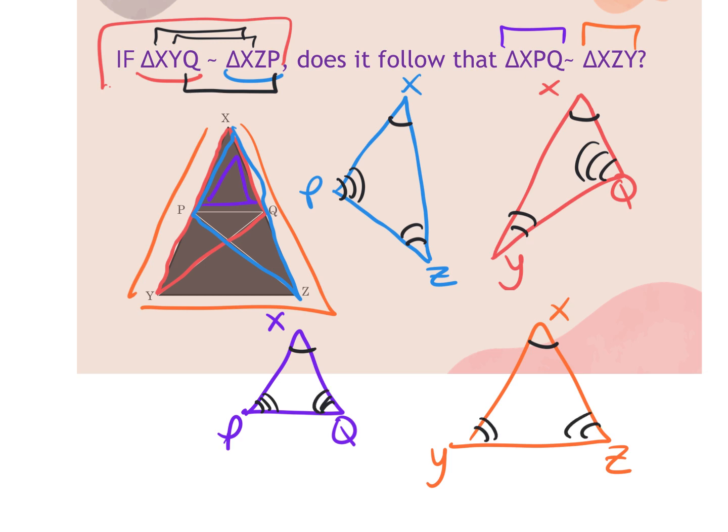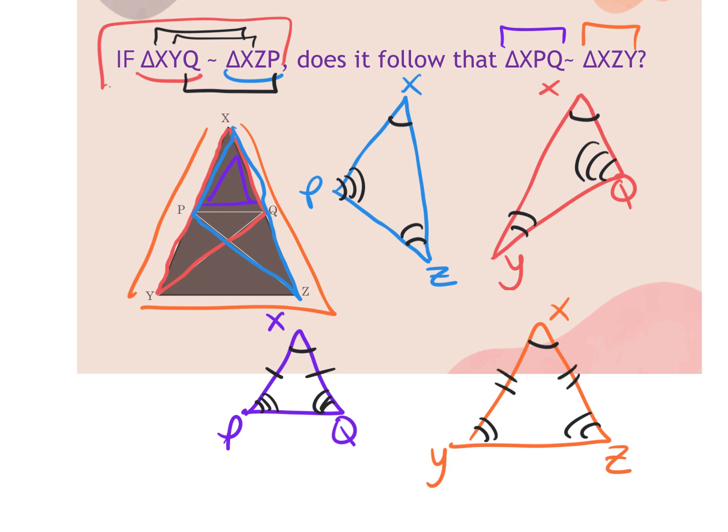Now notice I don't have like corresponding congruent angles, two pairs, in the purple and the orange. I only have angle X and angle X. However, what I do see is that both the purple and the orange triangles are isosceles. So I could use my base angles converse, and I can state that XP is going to be congruent to XQ, and then the same thing here.